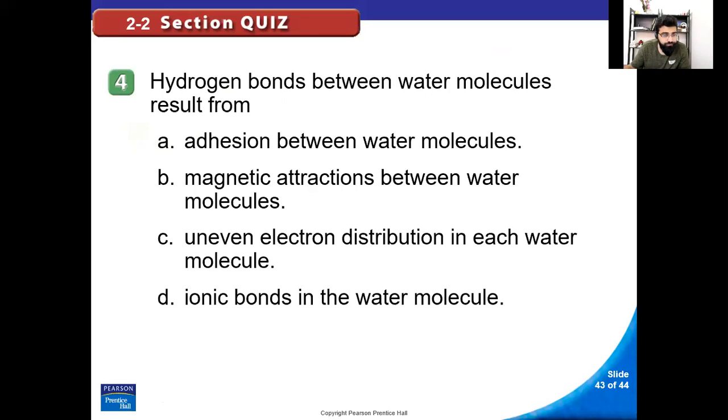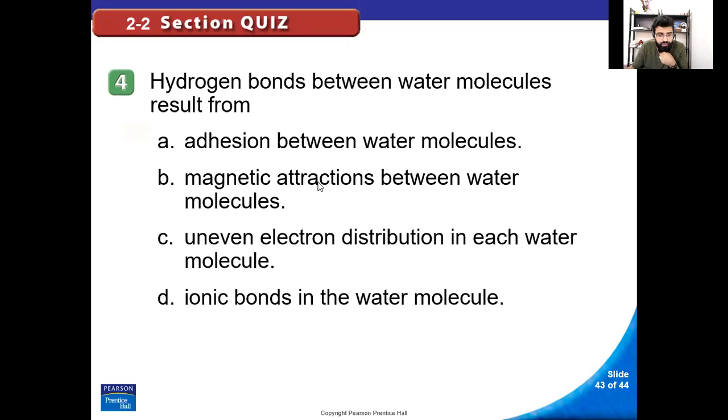Question number 4. Hydrogen bonds between water molecules result from? Why are there hydrogen bonds between the water molecules? It's easy. Okay, I see different answers. The hydrogen bonds between water molecules result from water molecules attracting each other.